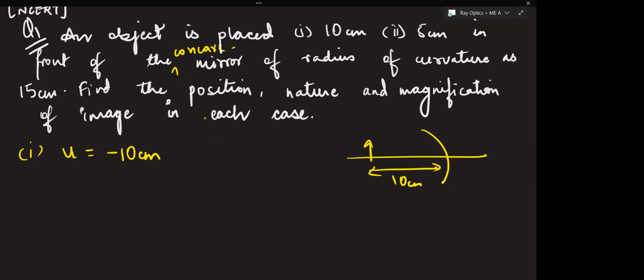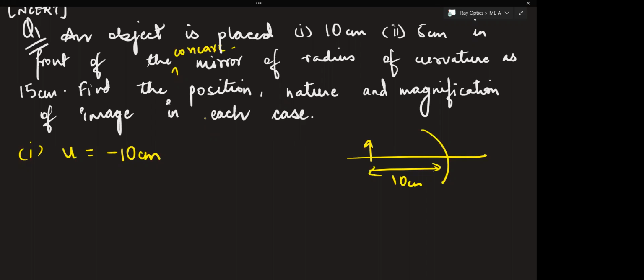Fine, class. We just have to not use the sign convention at one single place in the entire ray optics, that is optical instruments. When we reach that portion, I'll tell you. But anywhere else, lens formula, lens maker formula, mirror formula, all these parts you have to apply sign convention. That's why we did sign convention last weekend.